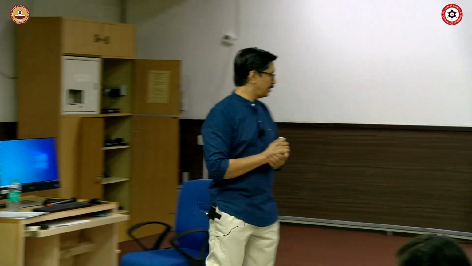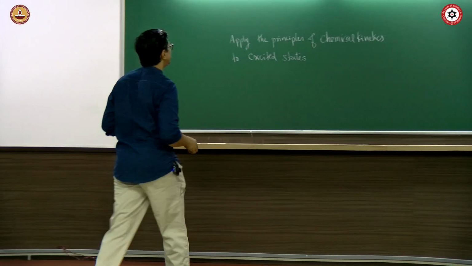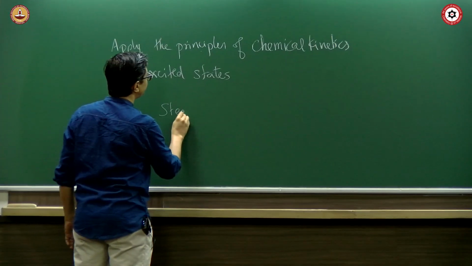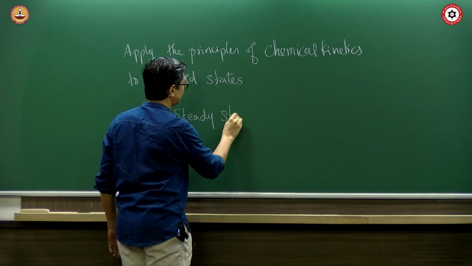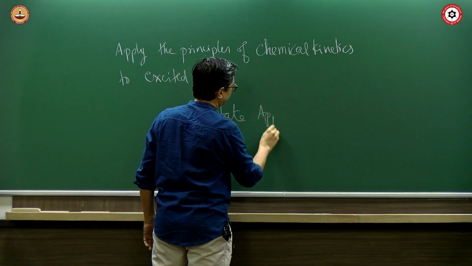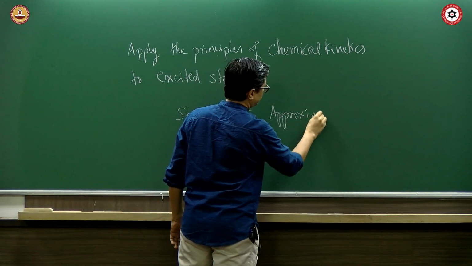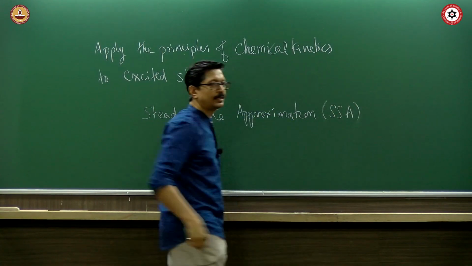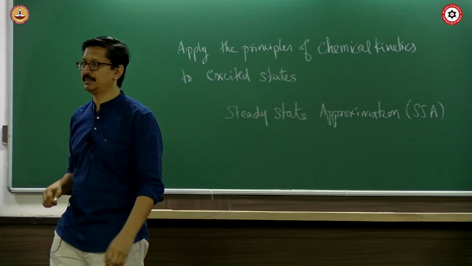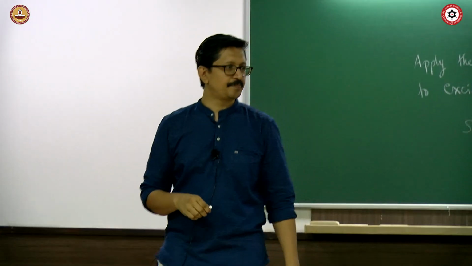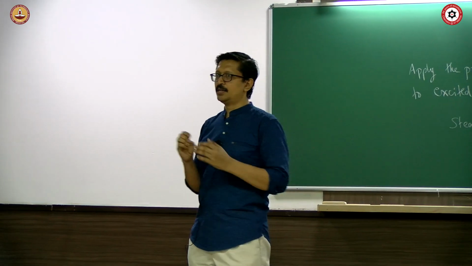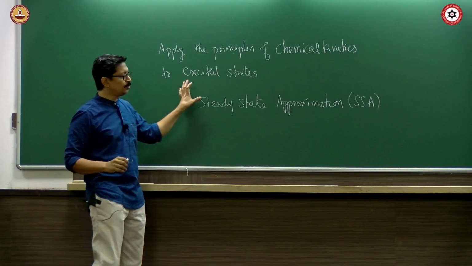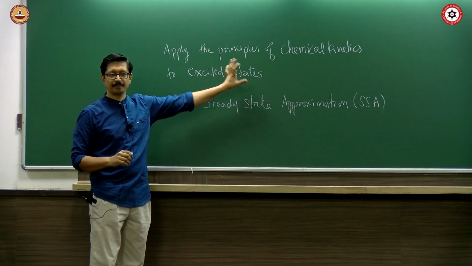For that, there are some terminologies that you must know, but we'll just refresh them. There is something called SSA, steady state approximation. Are you familiar with this? We are going to use this also to find out the kinetics or dynamics of the excited states.